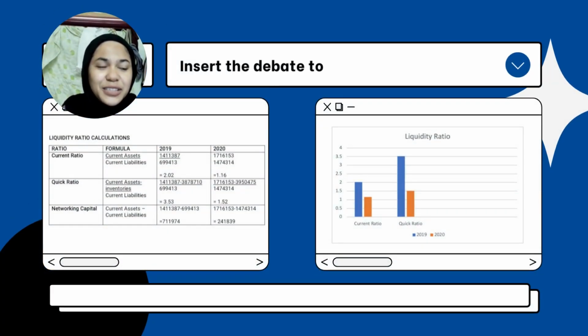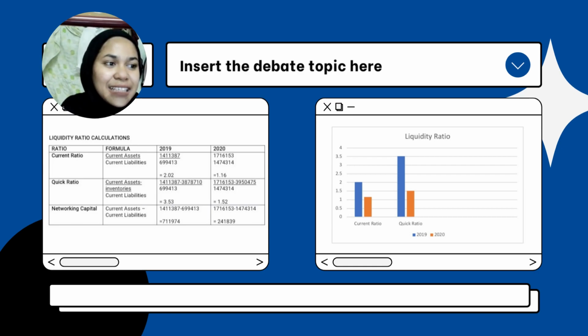Liquidity ratio calculation for Berjaya Corporation Berhad. The current ratio, current assets divided by current liabilities. In 2019, we get 2.02 and 1.16 in 2020. Quick ratio, the formula is current assets minus inventories divided by current liabilities.